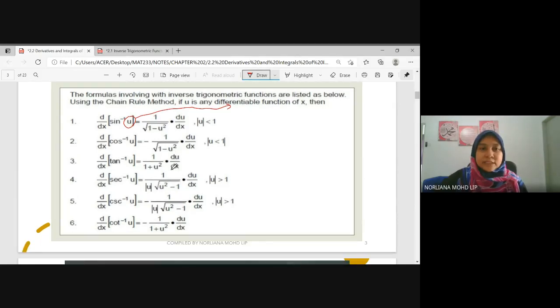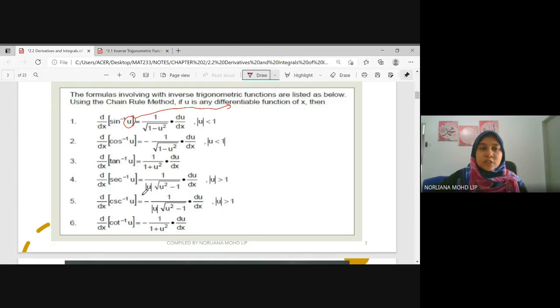We see the same pattern. The differential of cotangent inverse is similar, but negative: negative 1 over 1 plus u square times du over dx.